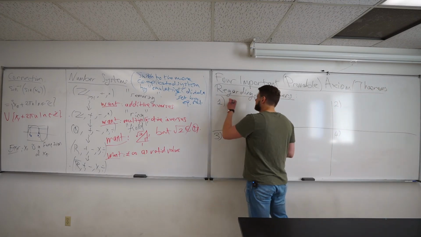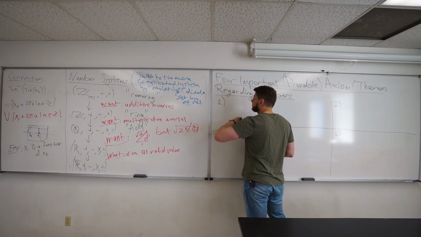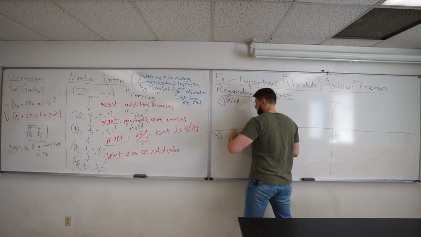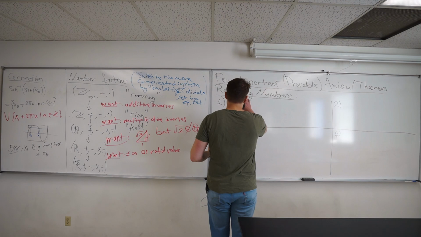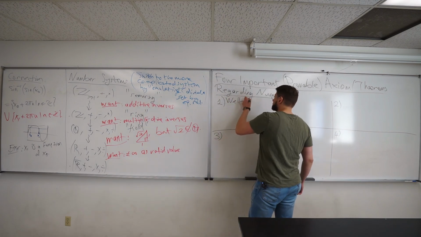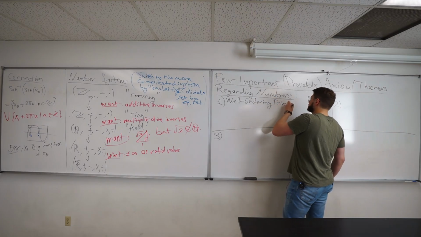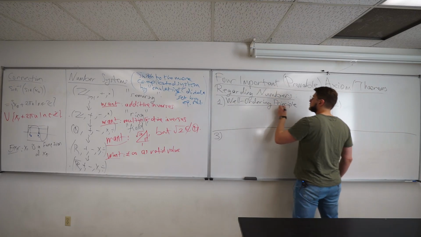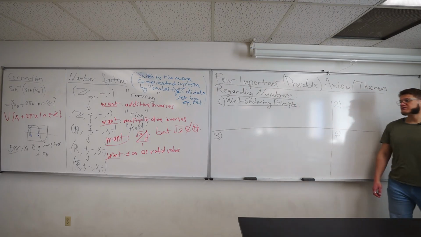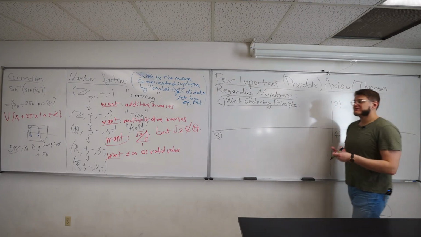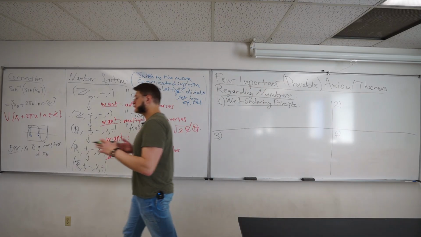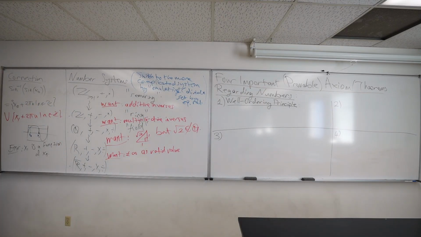First one is what is called the well-ordering principle. It's going to sound very obvious, but this is how you do formal math. It says that any non-empty set of positive integers has a unique minimum.